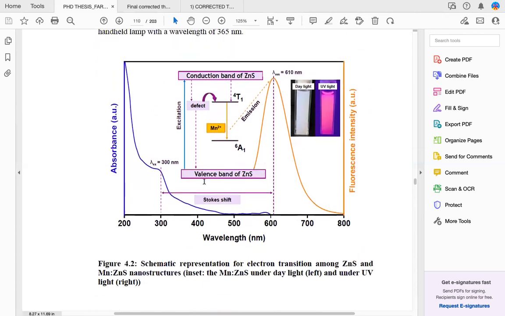I want to talk about the inset. So you can see figure 0.2, the caption, schematic representation for electron transition. If you want to put some extra information here, you can put an inset, because these are pictures, just to strengthen your observation.